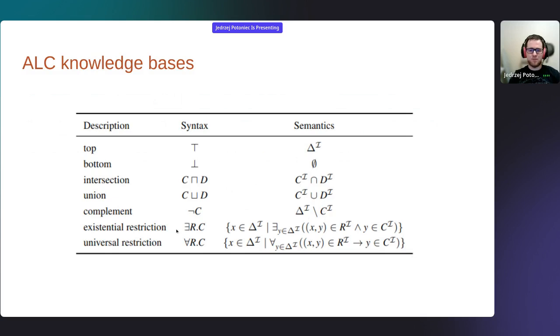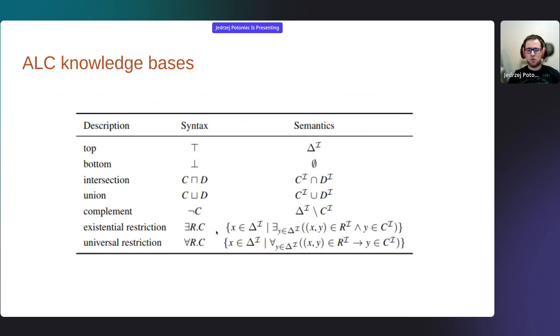And finally, there is an existential restriction and a universal restriction, denoted respectively by the quantifier exists and the quantifier for all, a role under the quantifier and a concept.